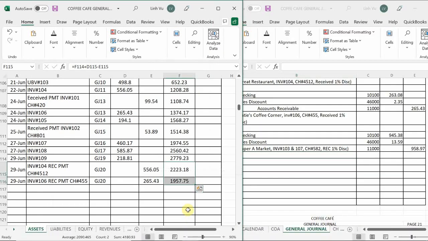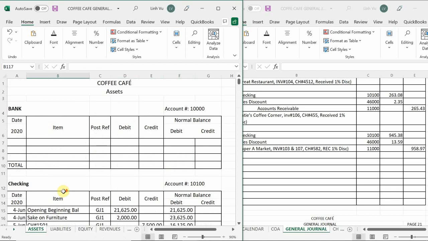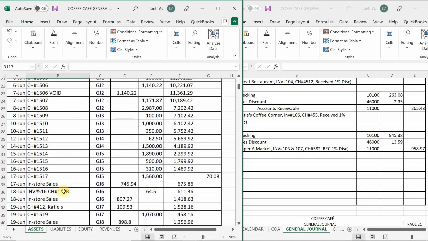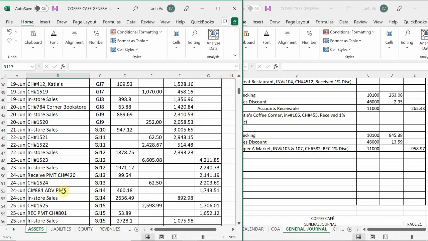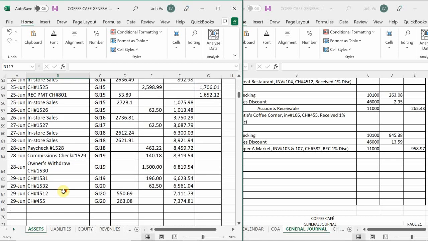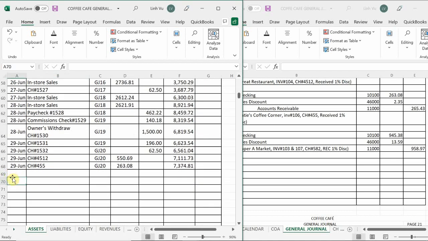Okay. Last but not least, we need to now update our ledger, starting with our checking account.